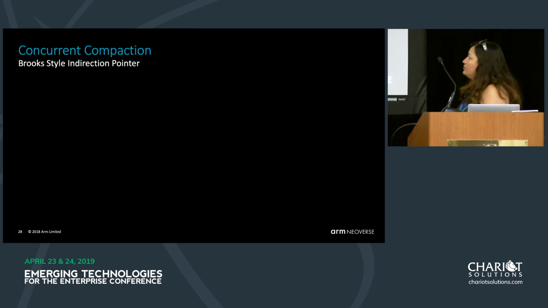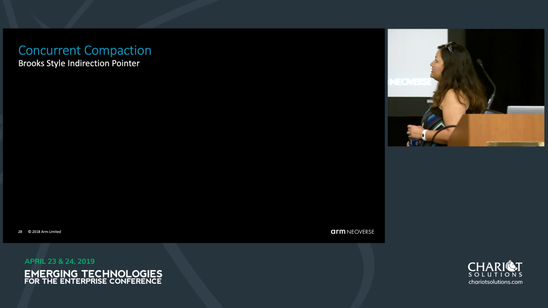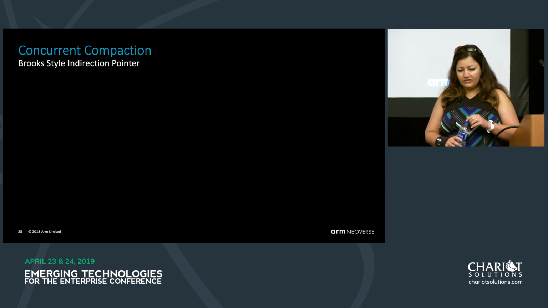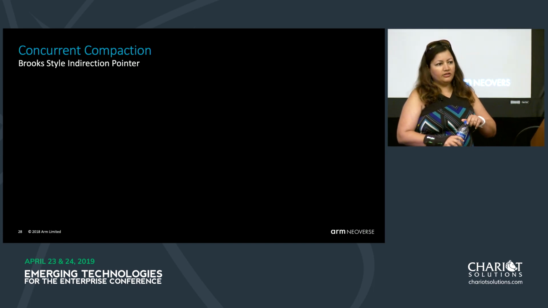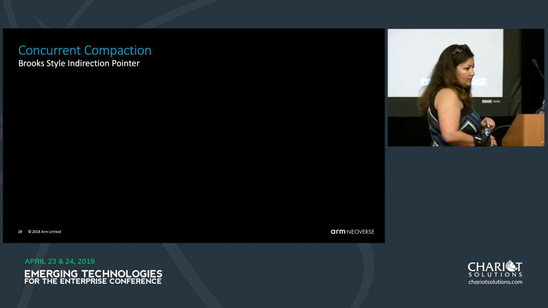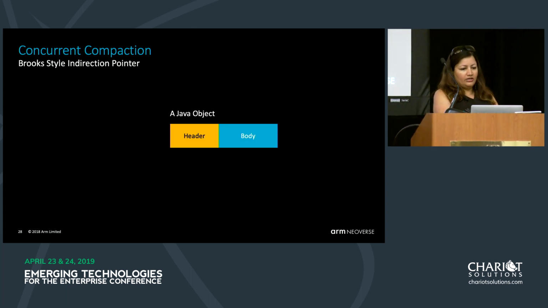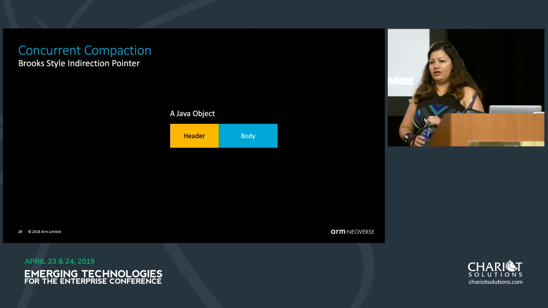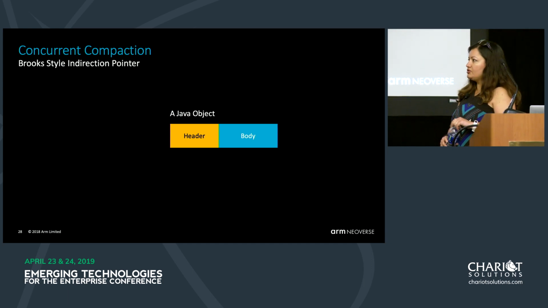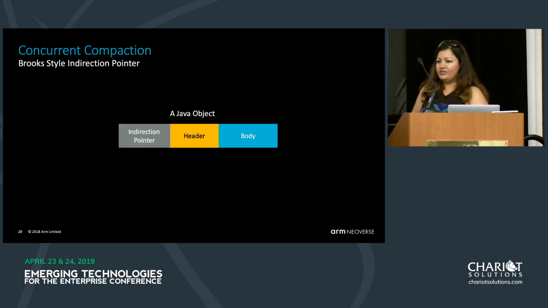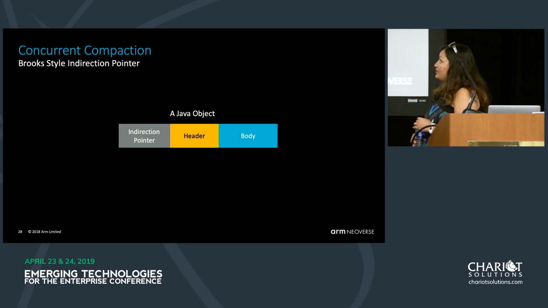Let's look at how Shenandoah does concurrent compaction. As I mentioned earlier very briefly, it does something called a Brooks-style indirection pointer. So we refer back to our Java object. We have the body, we have the header. And what Shenandoah does is add an additional pointer here, which is called the indirection pointer.